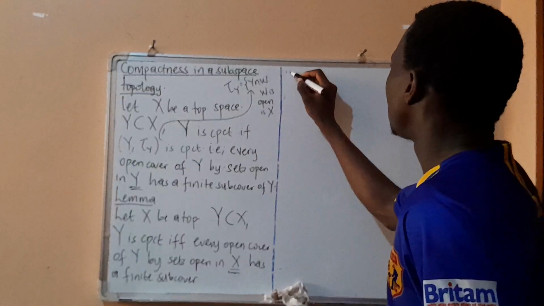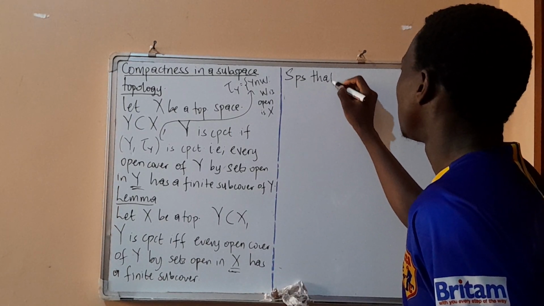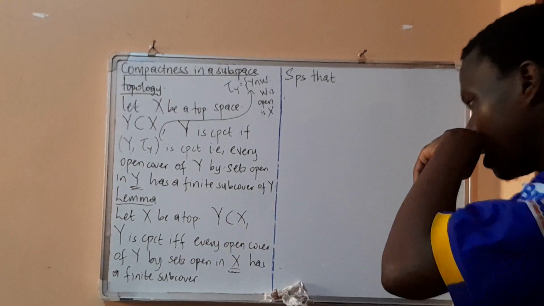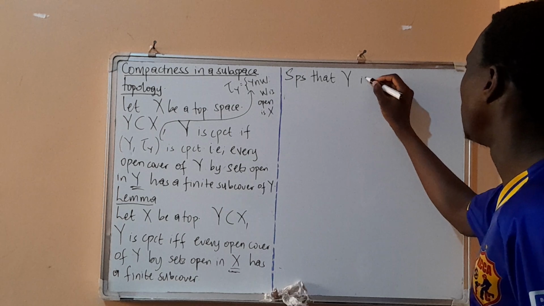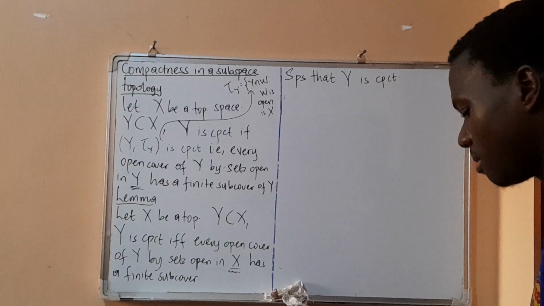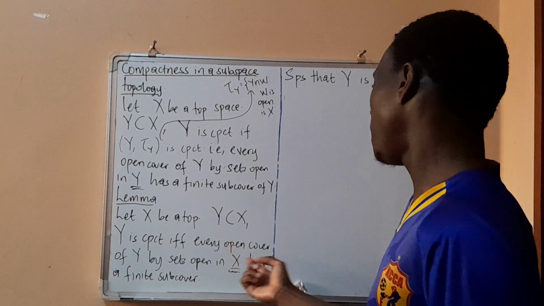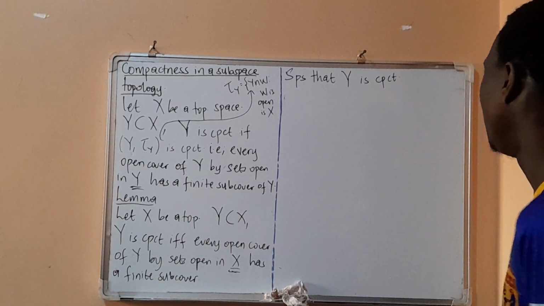Suppose that I'm proving the forward direction. Suppose that Y is compact. What do we have to show? That every open cover of Y by sets open in X has a finite subcover.